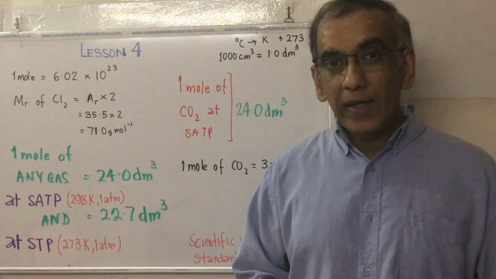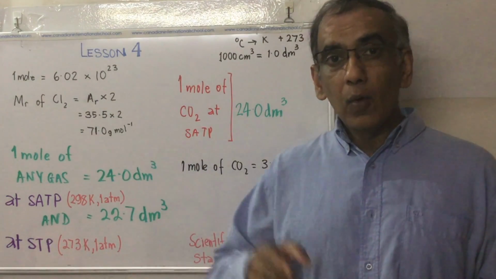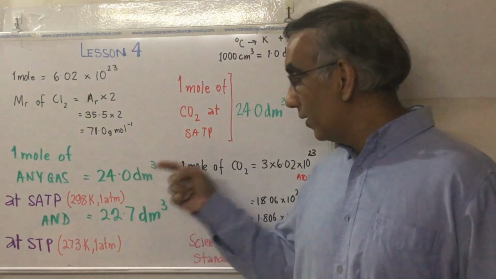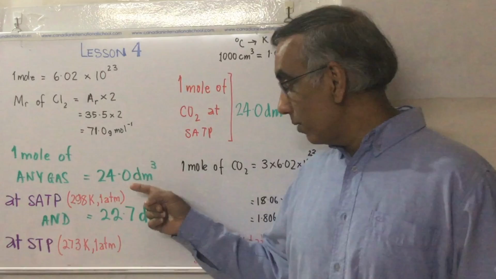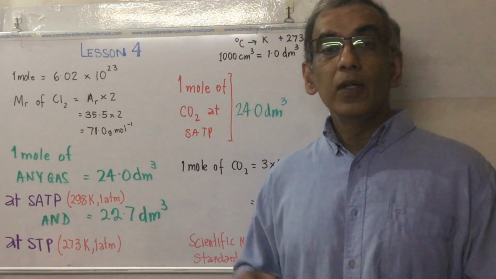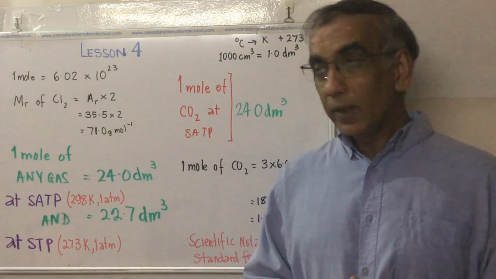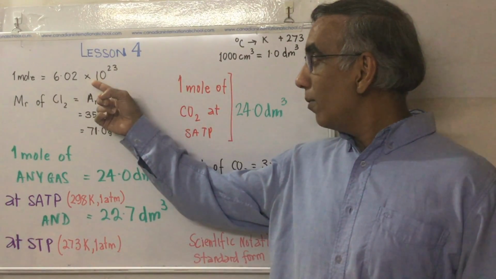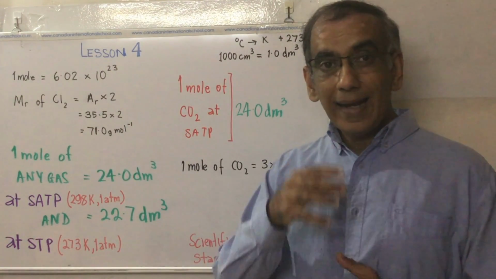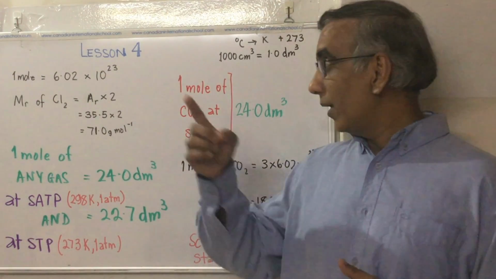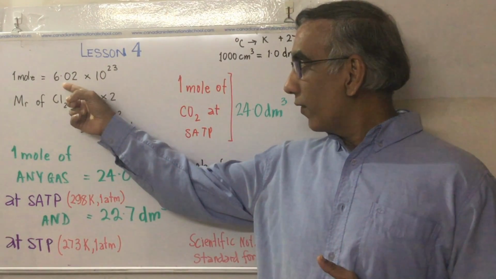Then inside that 1 liter bottle, you would have 1/24th of a mole, because 1 mole is 24 dm³, which is 24 liters. You could then find out how many carbon dioxide molecules you have by finding 1/24th of the Avogadro number.